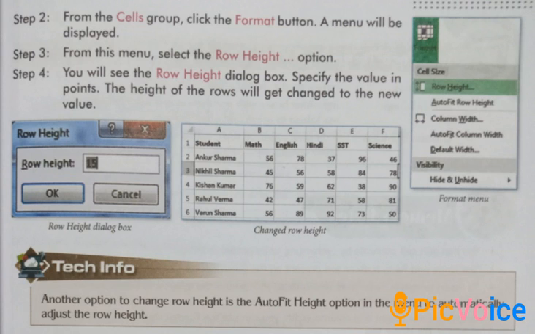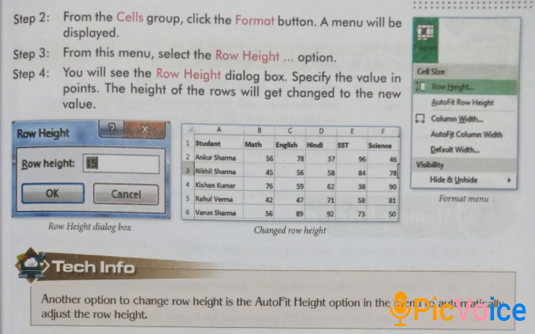Step 1, select all the rows and click on the home tab. And step 2 is, from the cells group, click the format button and a menu will be displayed. And step 3 is, from the displayed menu, select the row height option.